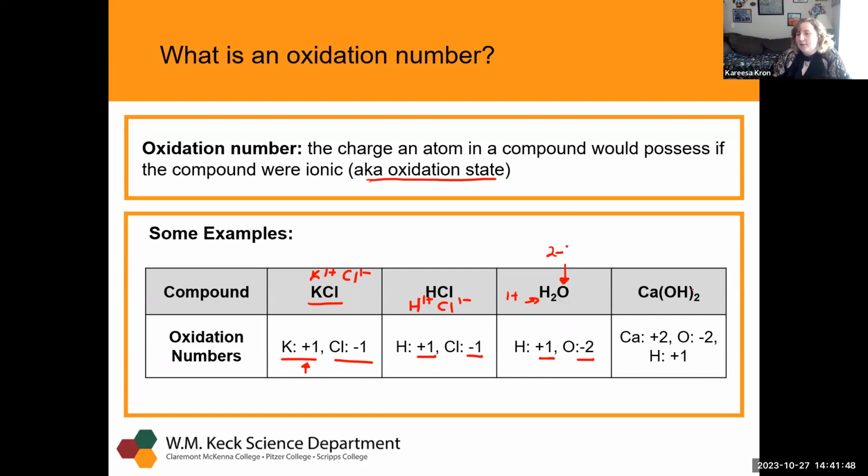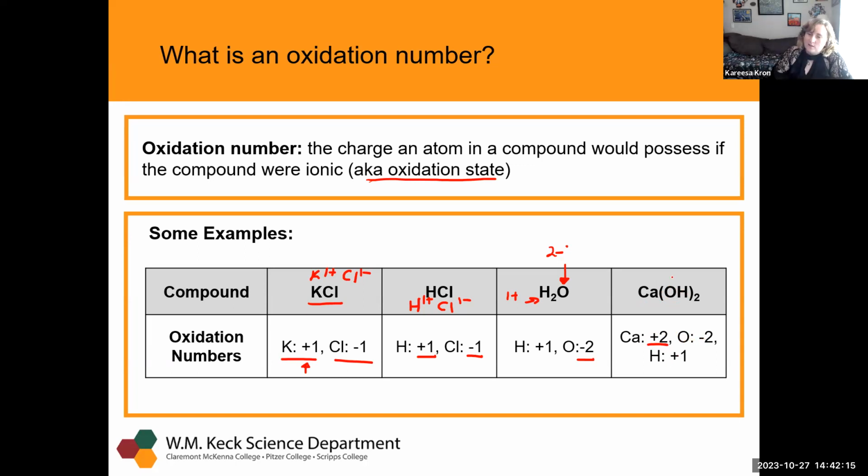And then it can get a little more interesting when you have something that has a polyatomic ion. If we look at the periodic table, we can identify that calcium would like to have a 2+ ion, so its oxidation state is +2. And then once again, we're going to balance our oxygen, 2-, with our H +1.